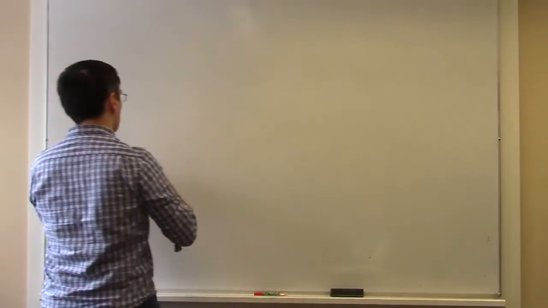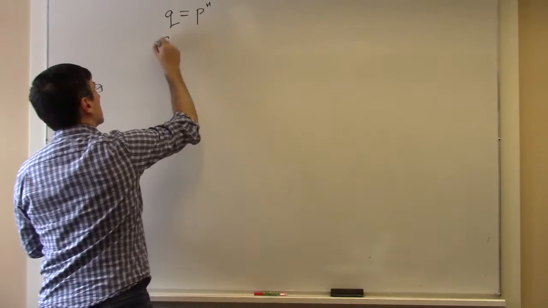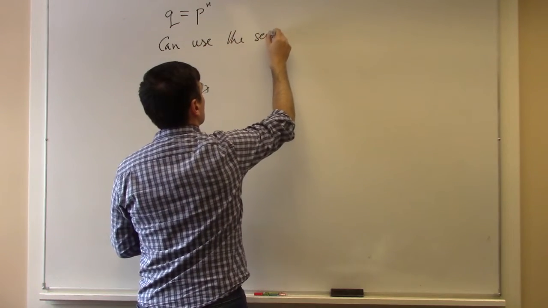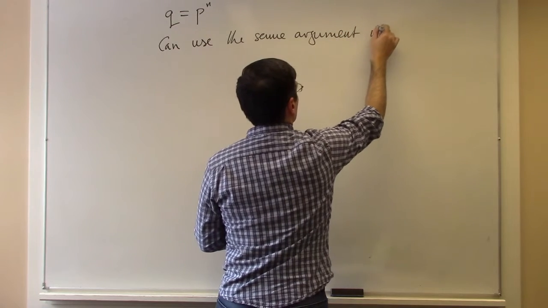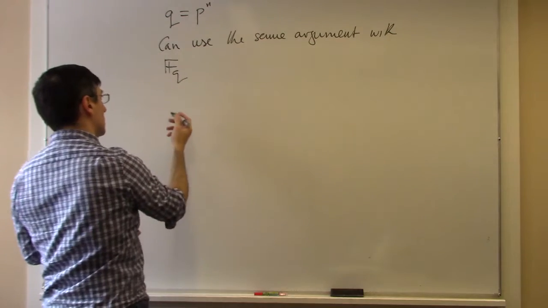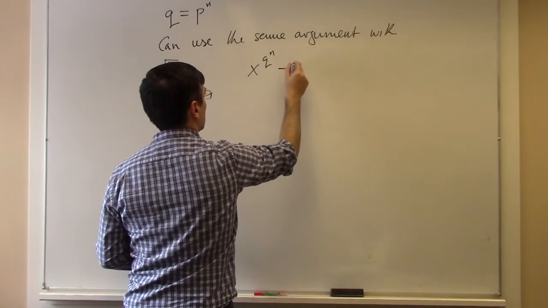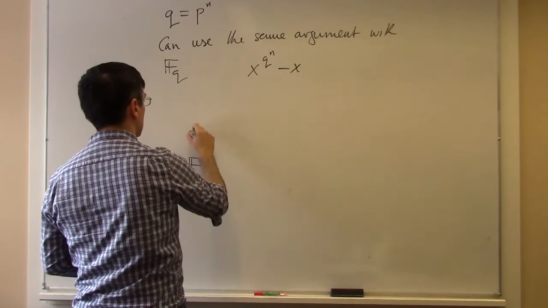If you start with q, which is p^n, you can use the same argument with F_q, and then you just have to consider x^(q^n) minus x, and then you get this extension.